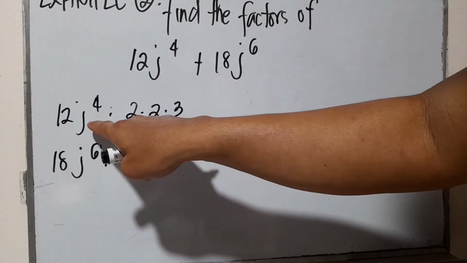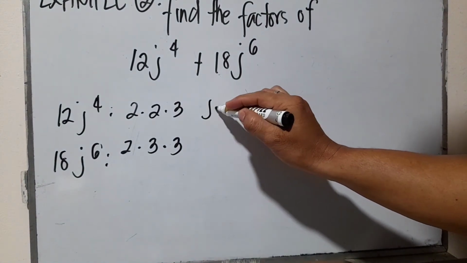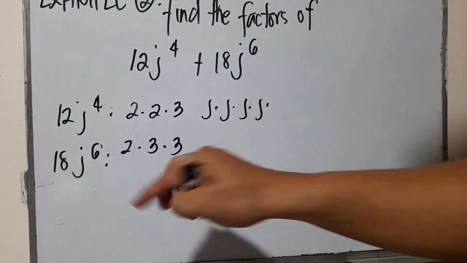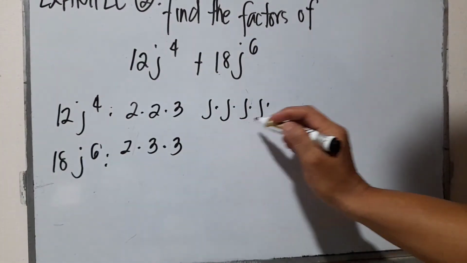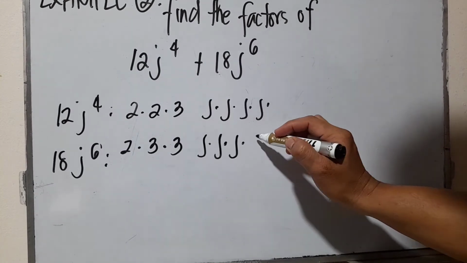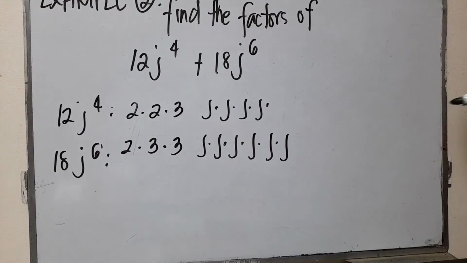And for the literal coefficient j to the 4, we have j times j times j times j. And j to the 6 is j times j times j times j times j times j.